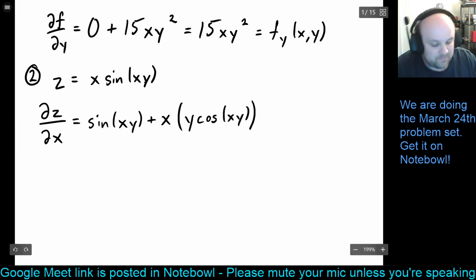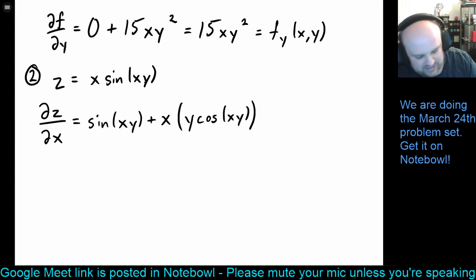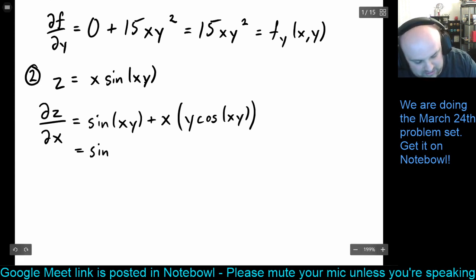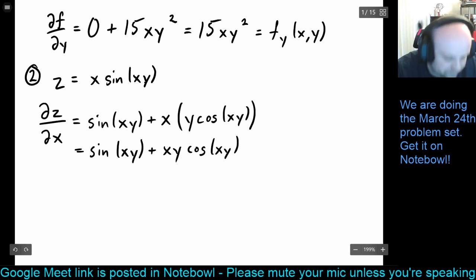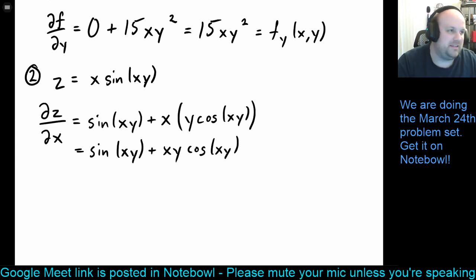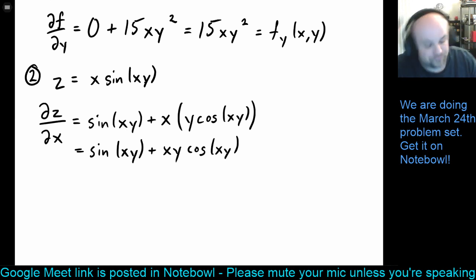So if we wanted to write this out and simplify it at all, we could say sine of xy plus xy cosine of xy. And so that would be dz dx.